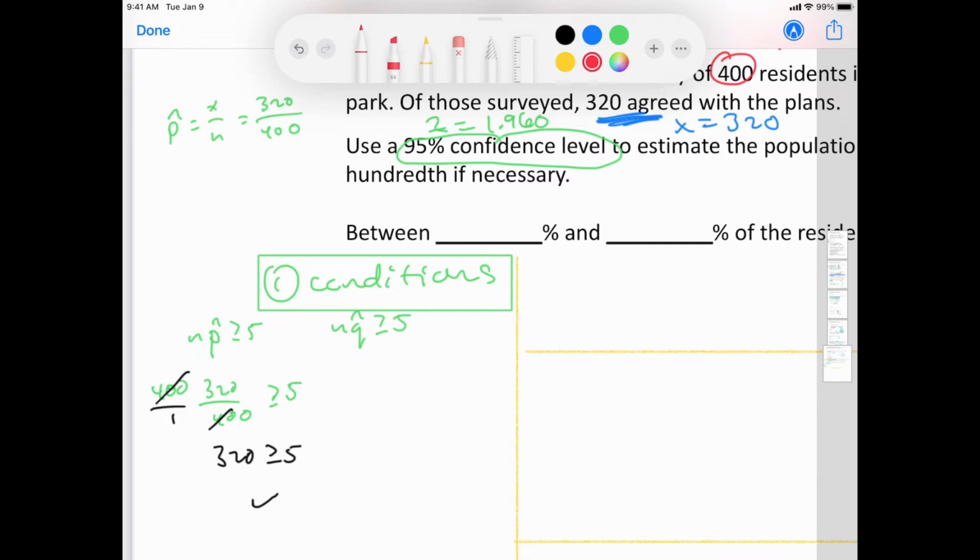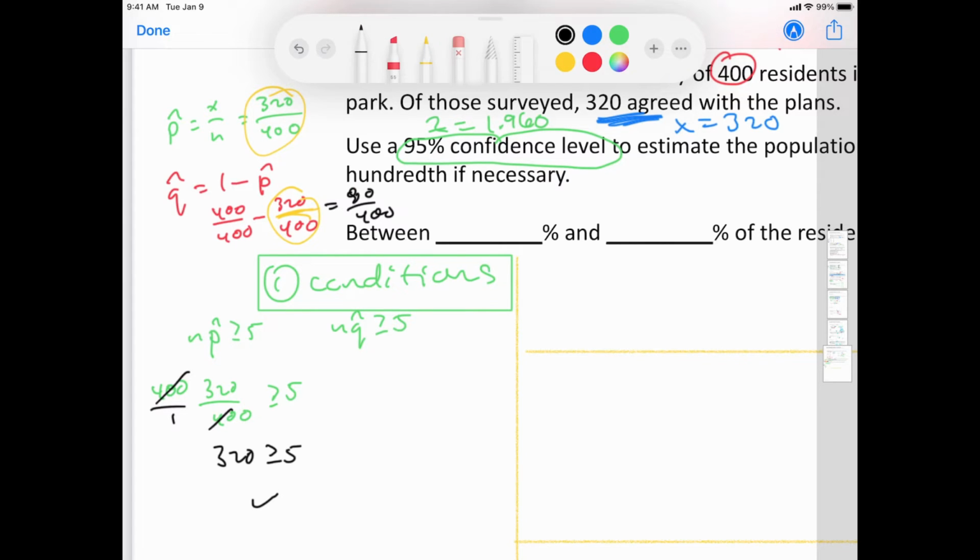Q hat is the complement, so you just take 1 minus p hat. You can do 400 over 400 minus 320 over 400, because that's p hat. Then you can just subtract, so you'll get 80 over 400.